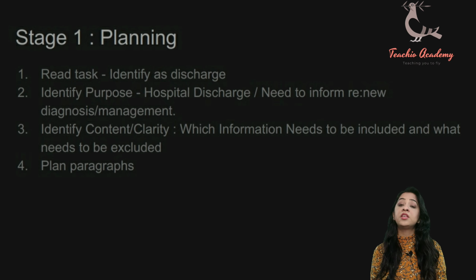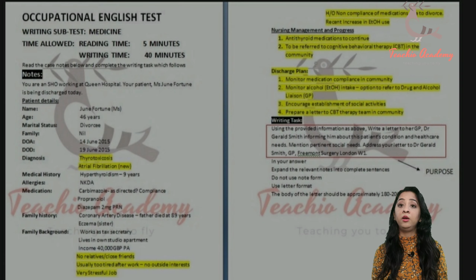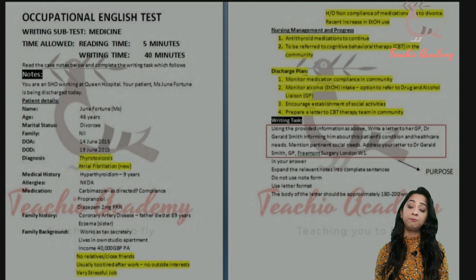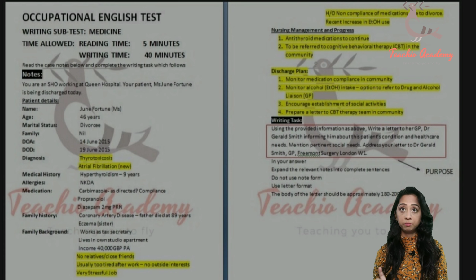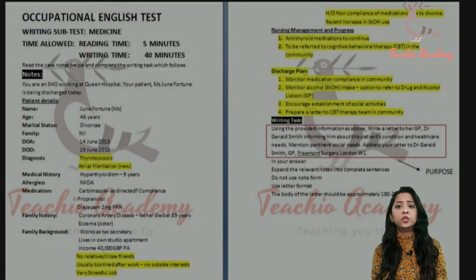Let's see, this is how I would underline my letter. I would underline only the things which are a part of the task. Sometimes they might throw you a curveball and they might include something which is a bit different from what has happened during this hospital stay. So in this task, they've actually asked us to mention pertinent social needs.